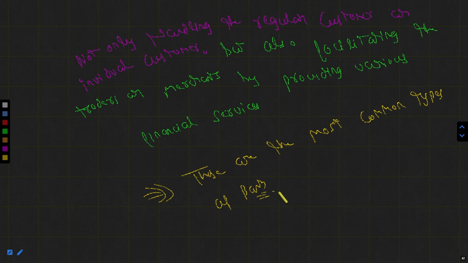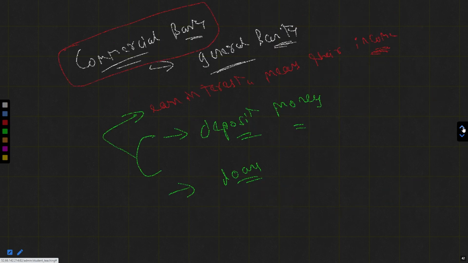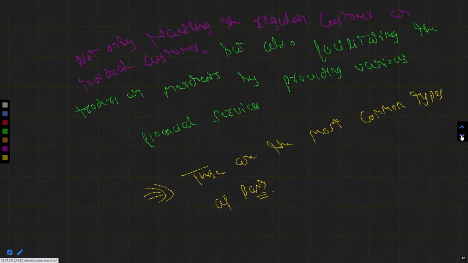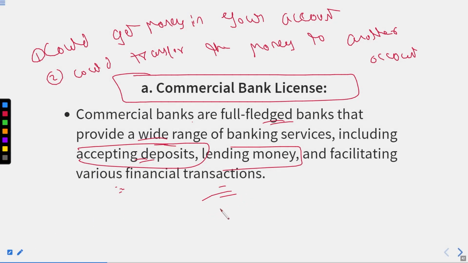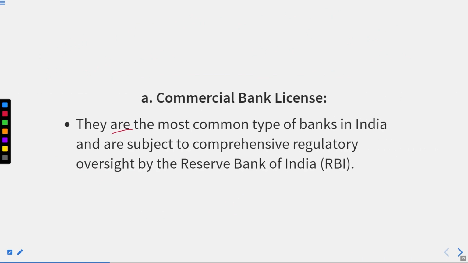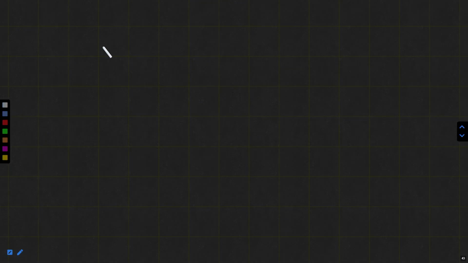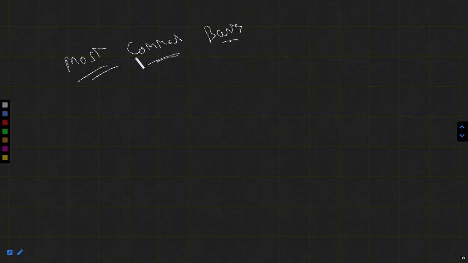Okay. So remember, these points we have discussed in this point. Now let's move forward. These are the most common types of banks in India, subject to comprehensive regulatory oversight by the Reserve Bank of India. Like these are the ordinary banks.